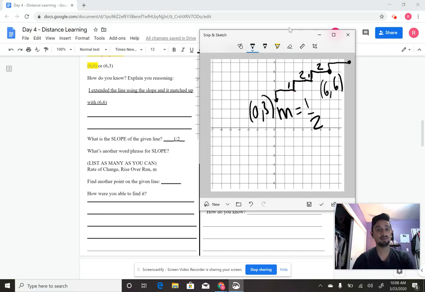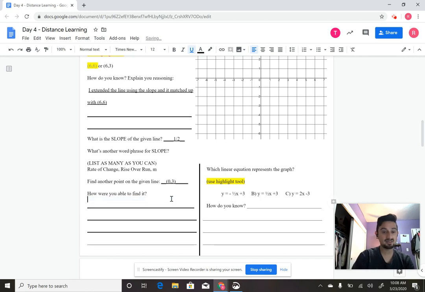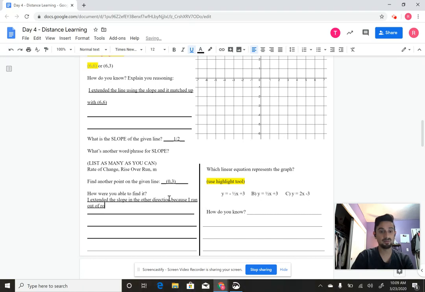And then from there, we can also keep going, but I'm going to stop there with 0, 3. And how was I able to find that? I extended the slope in the other direction because I ran out of room, and it landed on 0, 3.